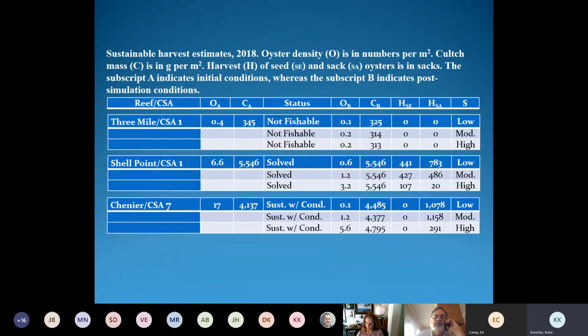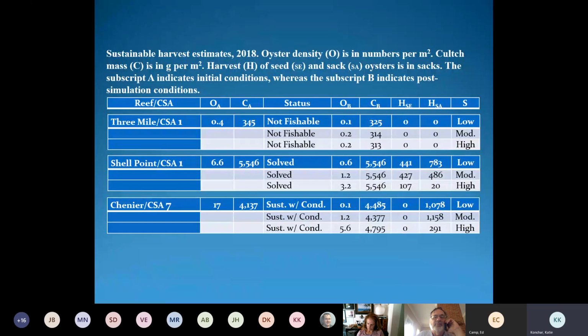So this is an example of a reef that is not fishable. And when we do the simulations, the first simulation we do is with no fishing. And so if with no fishing, there is no sustainable harvest, then it's considered not fishable.